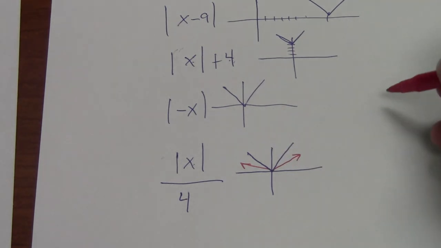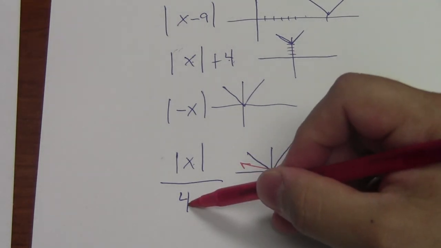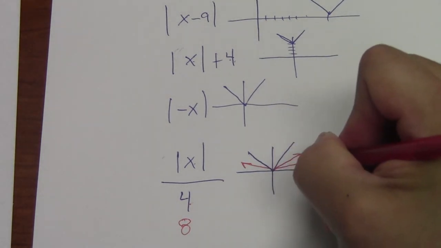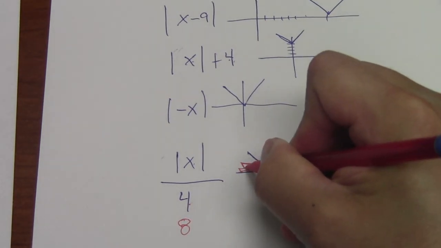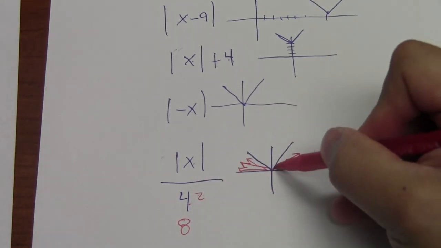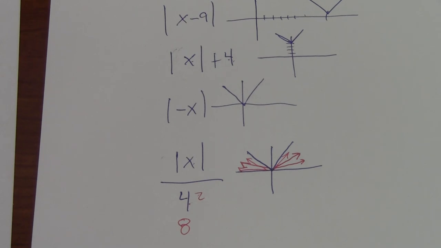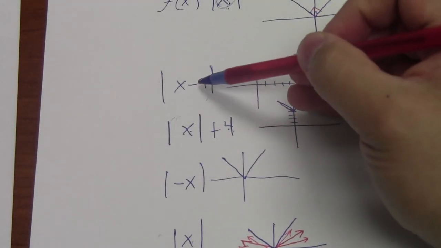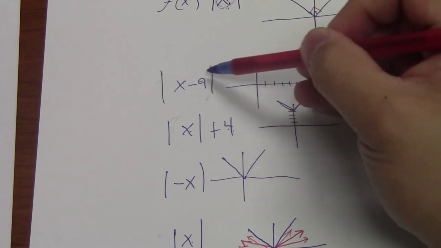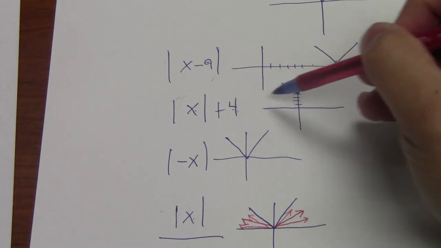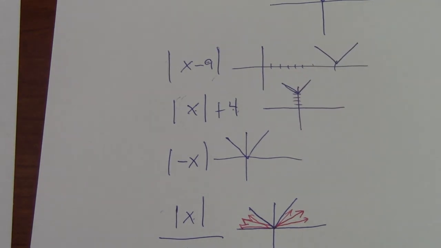That's kind of ugly, but I think you get it. If I added a larger number, let's say I made it 8, it would push it down even further. If I added a 2, it would bring it up a little bit higher. But you can kind of see what I'm getting at. So, inside the absolute values, this number, right or left, all right? This absolute value, if it's outside, it's up or down. That's it.